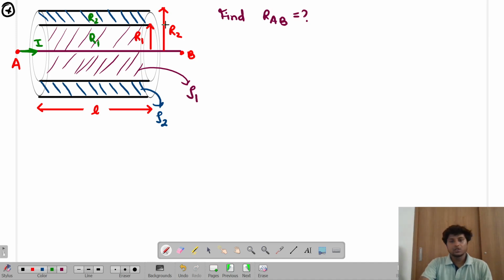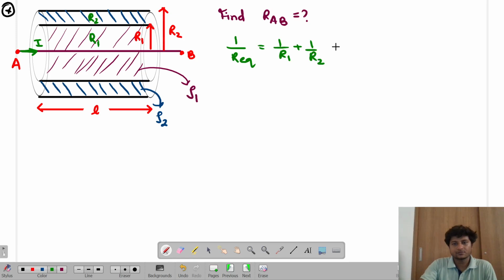Is that clear? So the equivalent resistance will be simply 1 by R equivalent is 1 by R1 plus 1 by R2.